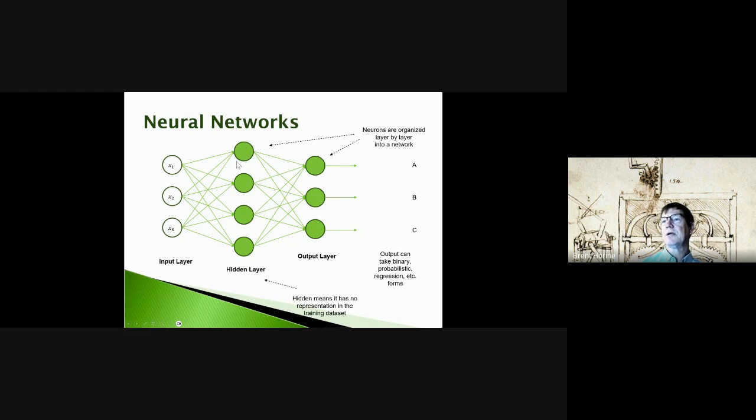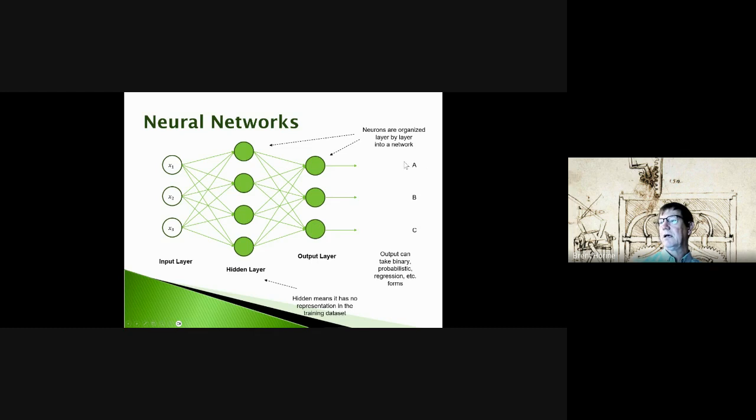Then these neurons do their things, and then they supply to the output layer. And the output layer does its things and produces some sort of output. That output might be something binary, like a classification.